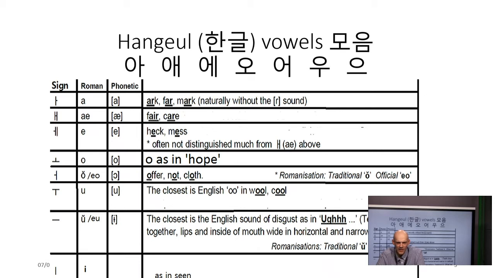Next one down: or, as in offer. Next one down: oo, as in wool. Next one down: a kind of schwa sound. Next one down: ee.